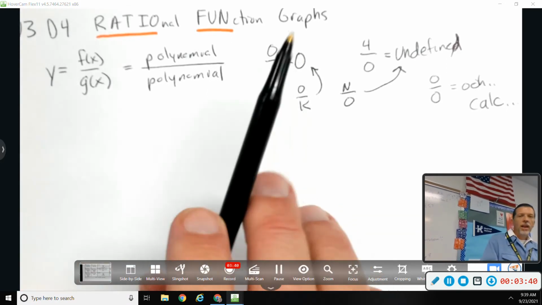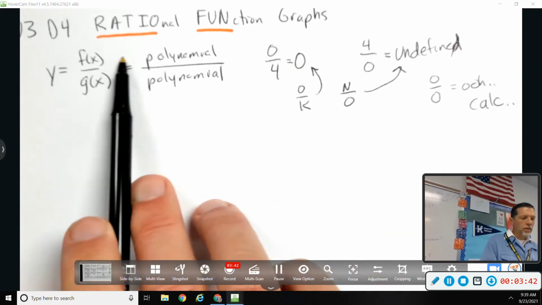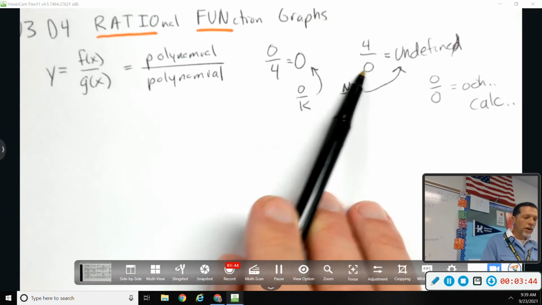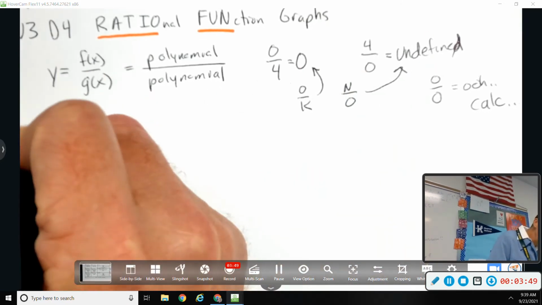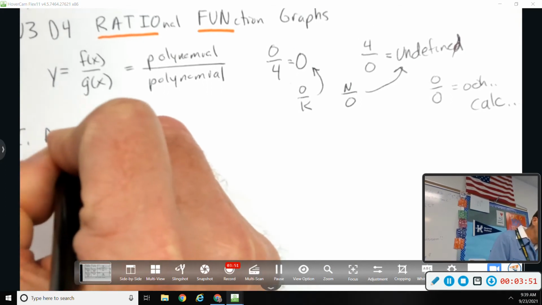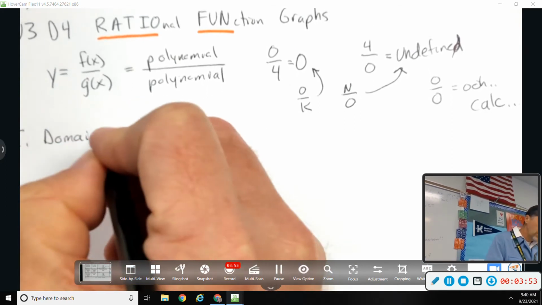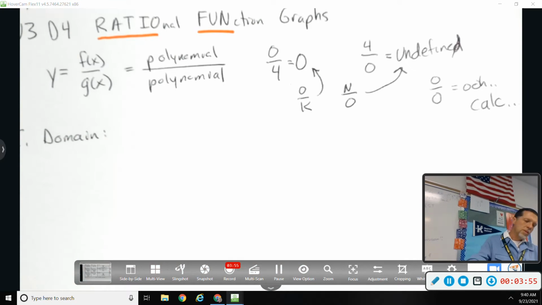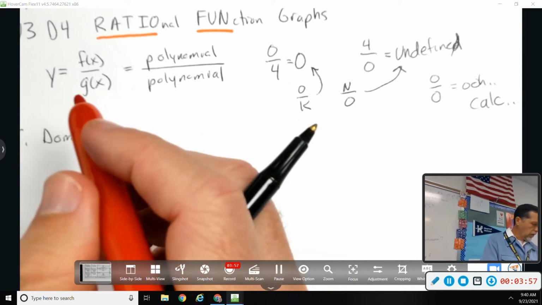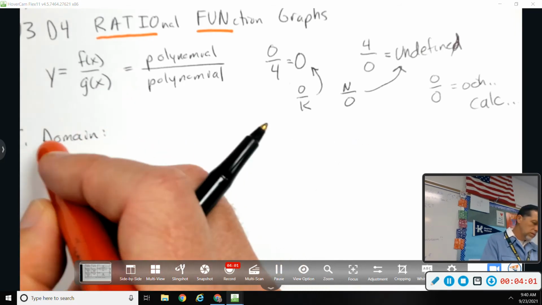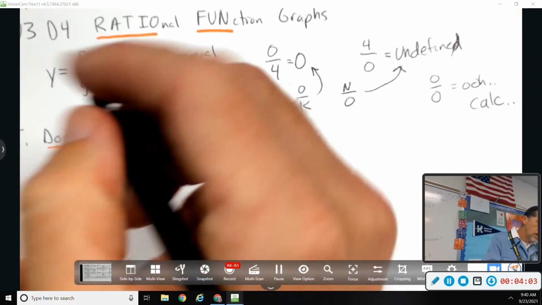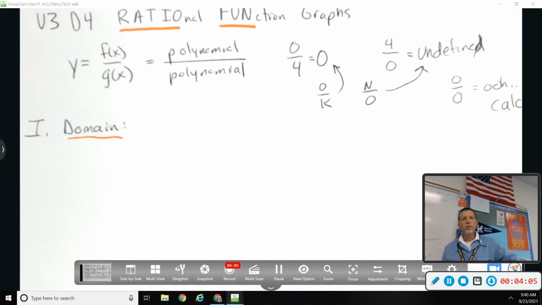But again, main thing is, if it's 0 on the top, it makes the whole fraction 0. If it's 0 on the bottom, it doesn't work. If you keep those two straight, you can make sense of most of the rest of what we're going to talk about today. Domain. Do you remember what variable goes with domain?